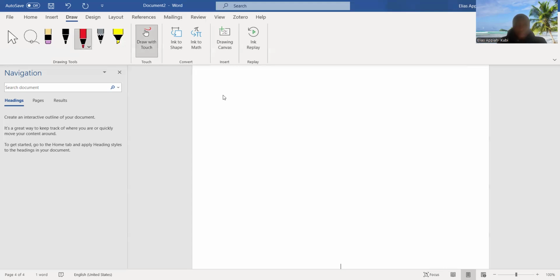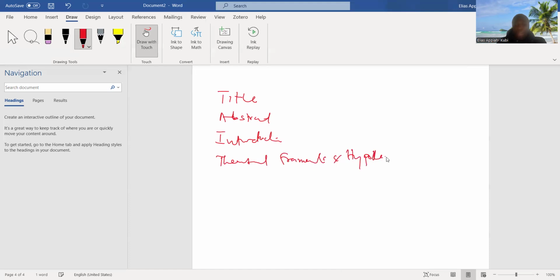A research paper should include the title. It should include the abstract. It should include the introduction. It should include the literature review or your theoretical framework and hypothesis development.